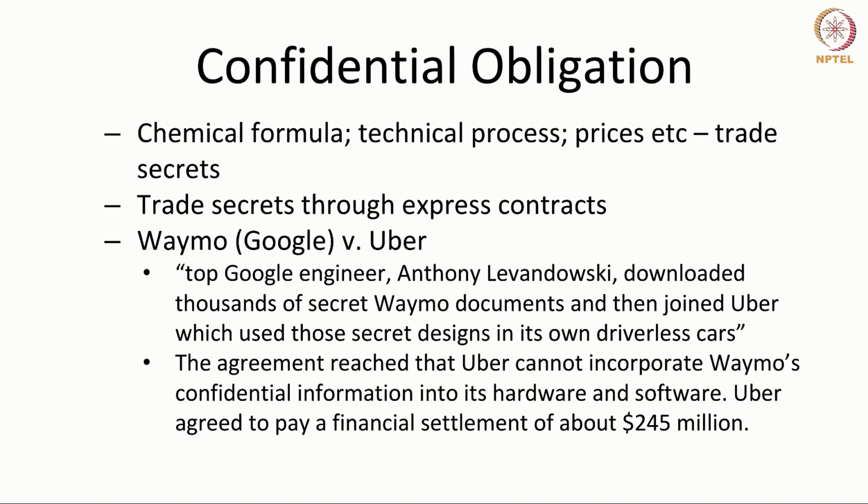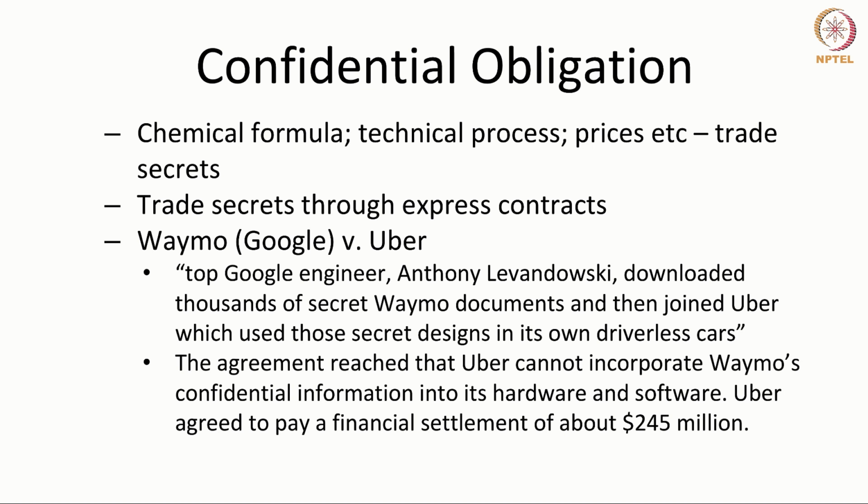Now, the Waymo versus Uber case tells you what happens when an employee leaves the employment of one company and joins the other, and where the ex-employer raises an issue of trade secrets being stolen. Now, this case was settled, so it was hard for us to determine the reasoning behind how the court decided this, and it was a case in the United States.